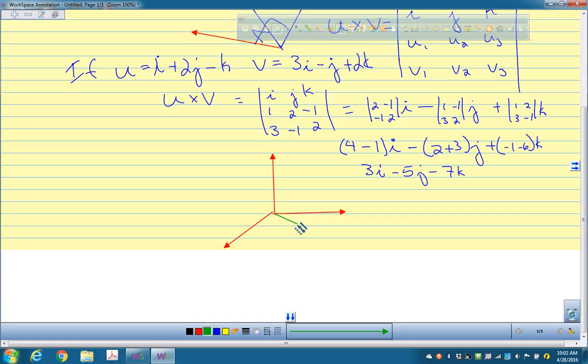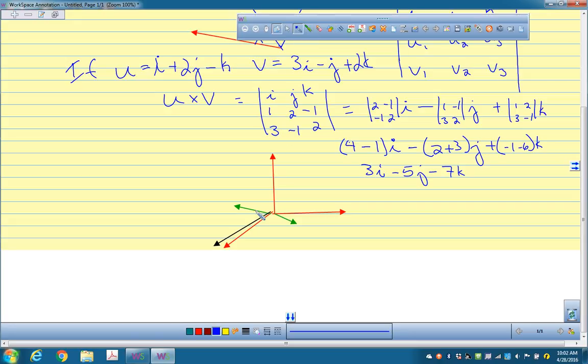Vector v says go out 3, back 1, up 2. And then this one says out 3, back 5, and down 7. So maybe this is my resultant vector, it's hard to visualize, right?